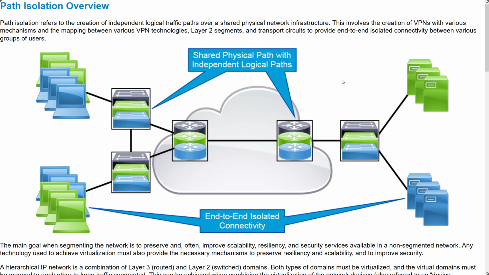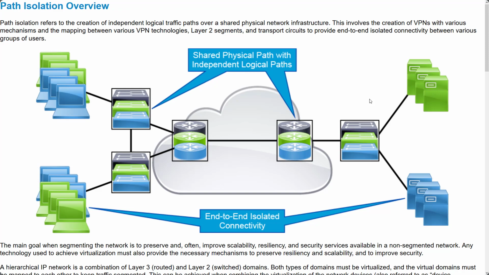Now, the next thing we'll talk about is that middle block, if you will, what we refer to as path isolation. As the slide describes, path isolation refers to the creation of independent logical traffic paths over shared physical network infrastructure.